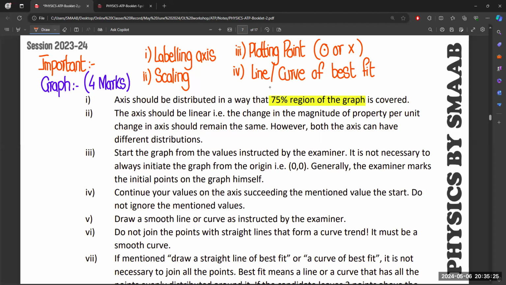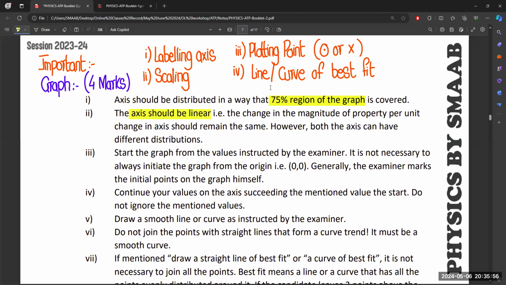That is not acceptable, right? So try to make an open reading graph, and readings are easily marked on the graph, so it will be visible clearly, and it will also be easy for you to join the points and mark points on the graph. So at least 75% region of the graph has to be covered, right? So this is one more important point.